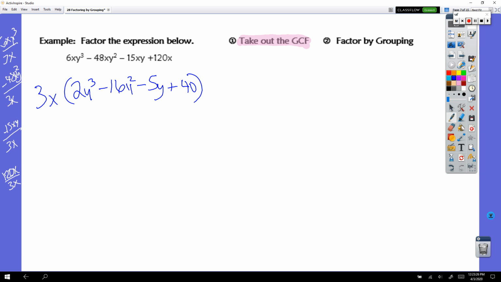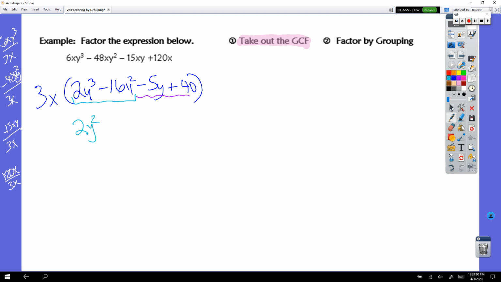Now I'm going to look for factoring by grouping. So I'm going to do the same kinds of things that we did earlier with just the stuff inside the parentheses. So here's my first half, and here's my second half. In the first half, I've got 2y cubed minus 16y squared. 2 and 16 can get divided by 2, and there are letters in common.